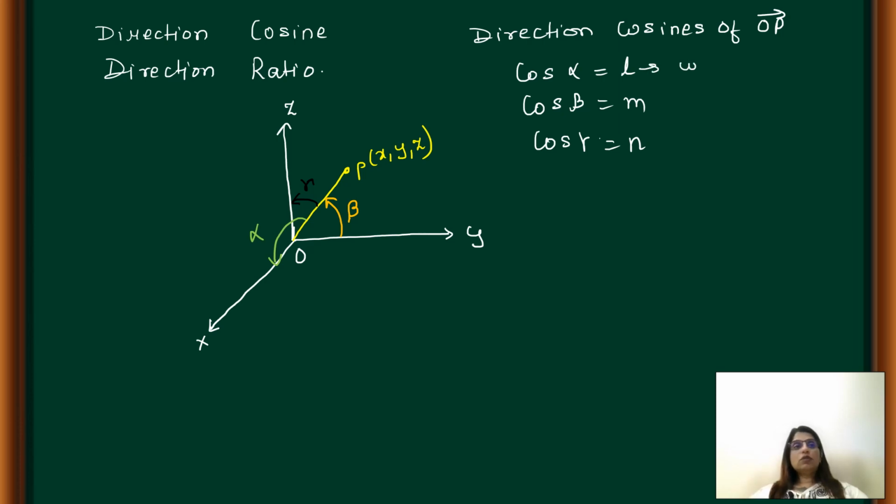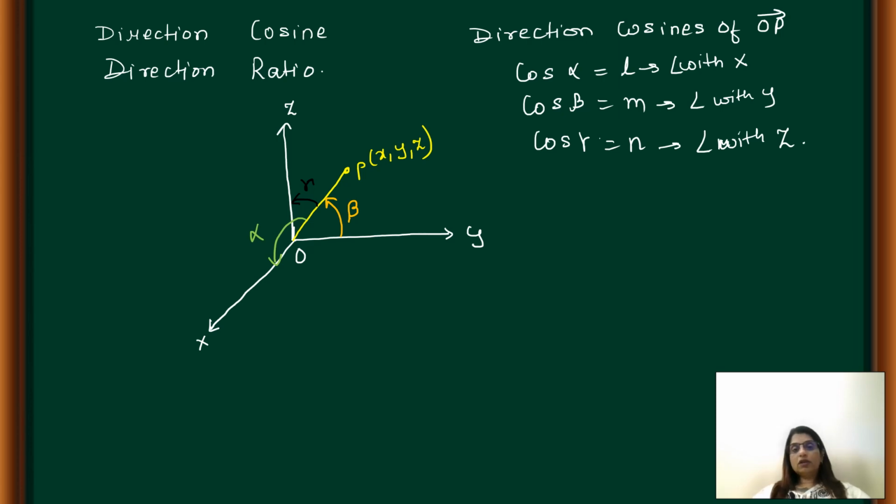L is the angle made with x-axis, correct? What is M? It is the angle made with y-axis. And what is N? This is the angle made with z-axis, correct? So next time onwards we are going to call these L, M, and N.